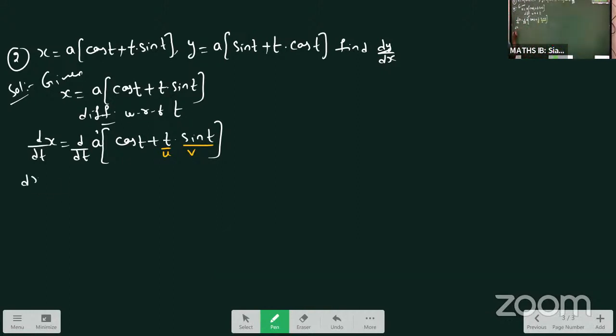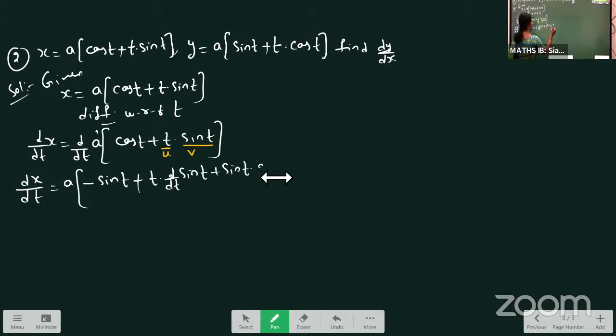So on the left side, dx by dt as it is. A is constant outside. Derivative of cos t is minus sin t, plus here by the UV rule, t into d by dt of sin t plus sin t into d by dt of t.